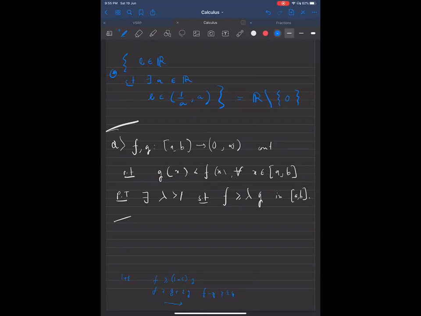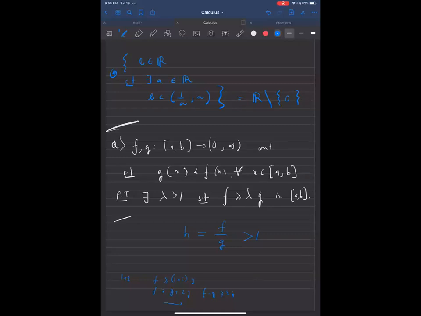I think it's just still an idea. So we define h of x to be f by g, and we know that h is continuous. Now we know that the codomain of both f and g is the positive reals, so this is always well defined, and this is also continuous.